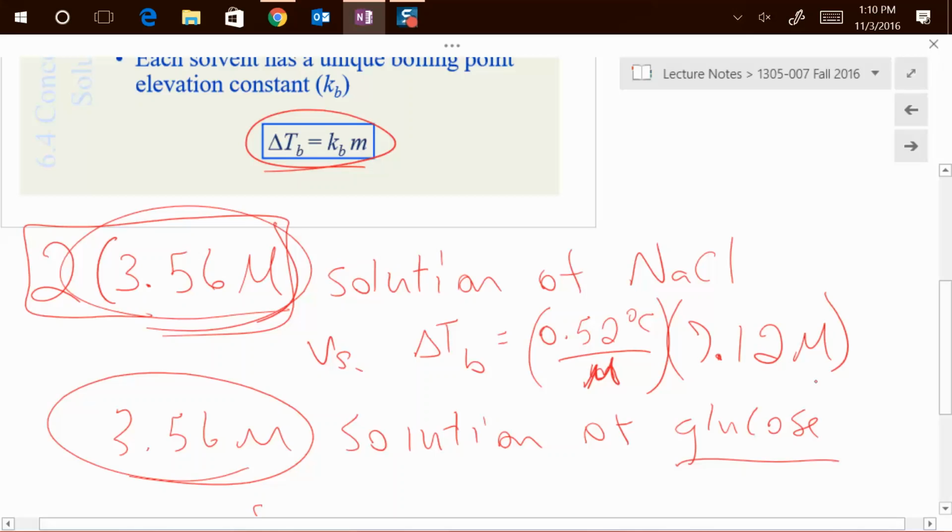So 3.56 times 2, 7.12 molar. Okay? My molar concentrations cancel, and I'm left with degrees Celsius. So the change in the boiling temperature is 0.52 times 7.12. What is it?